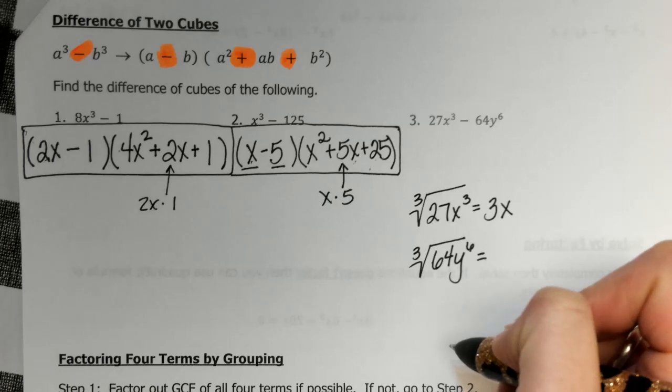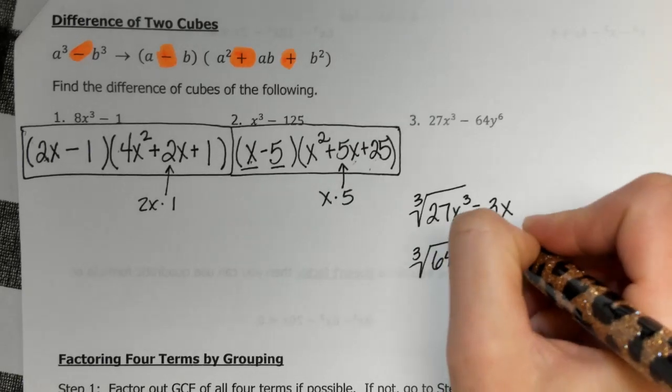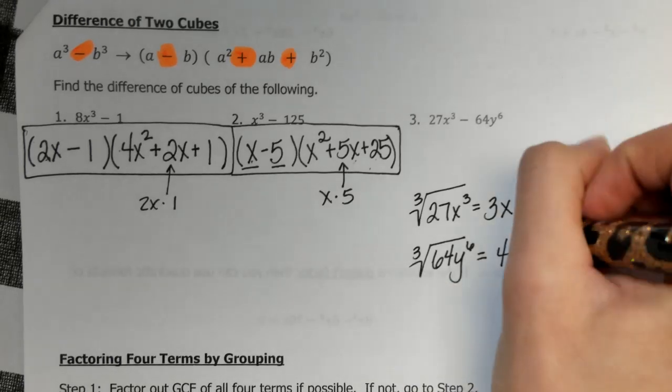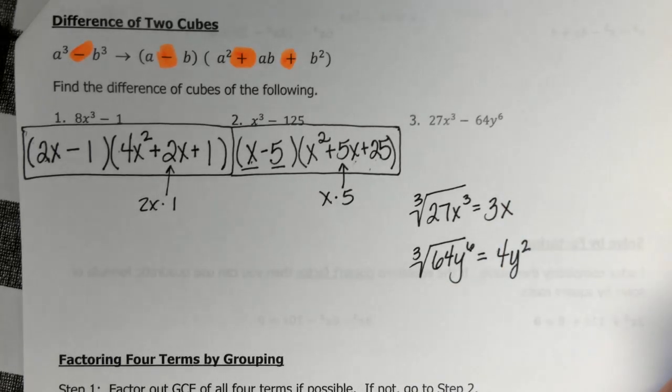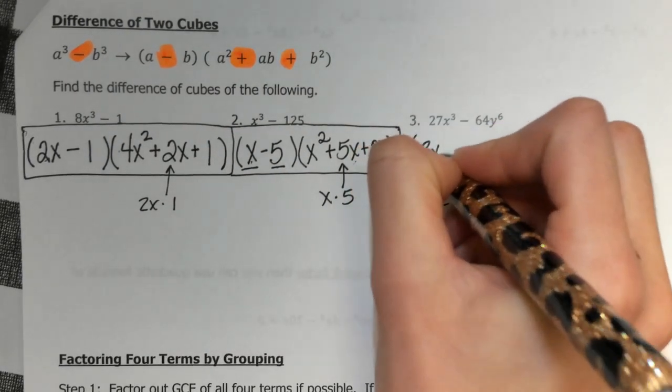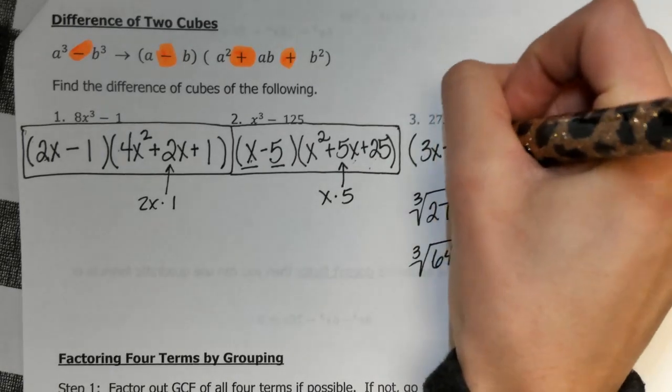The cube root of 64 is 4. Now, y to the 6th, all you're doing is dividing 6 by 3. So that's going to give you y squared. Okay, so with your exponents, all you're doing is dividing it by 3. So here, my binomial would be 3x minus 4y squared.